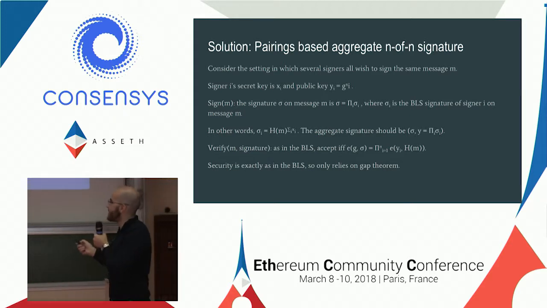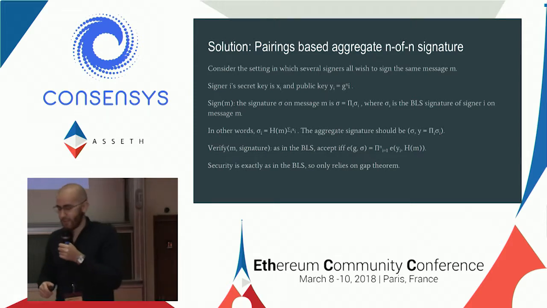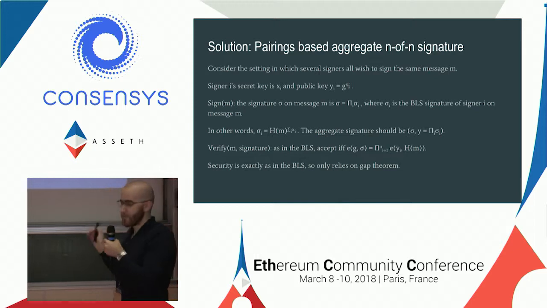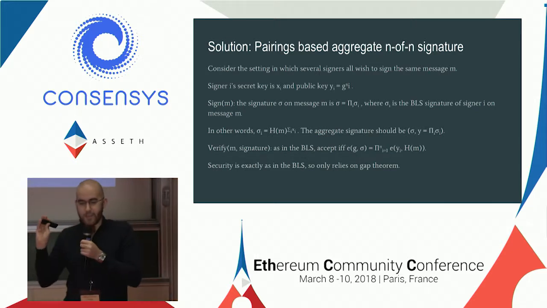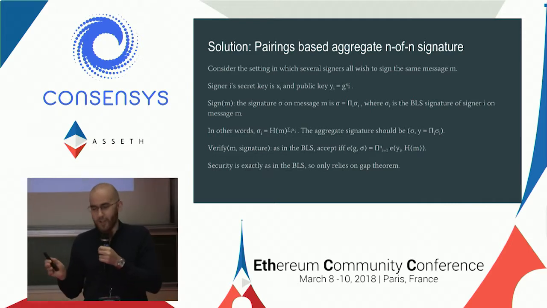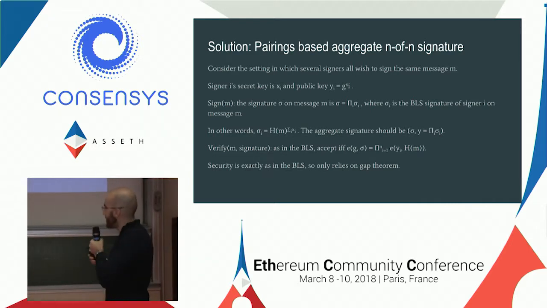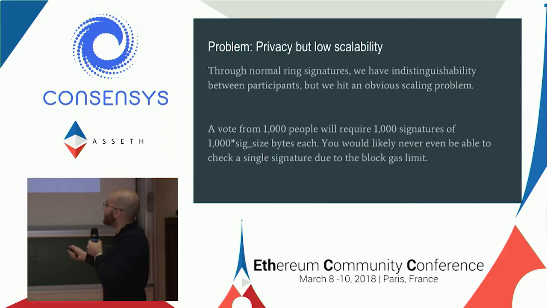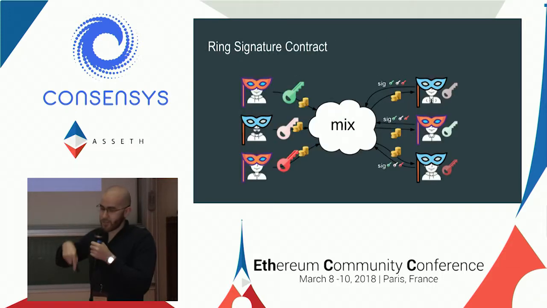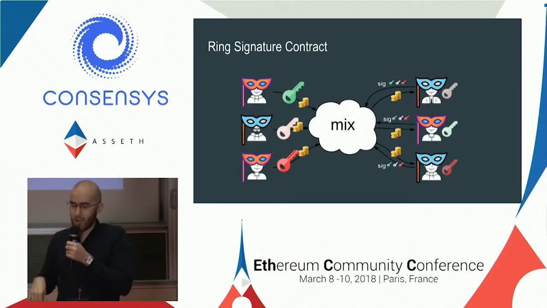So what we can do instead, if we wanted to have the best of both worlds, the nice indistinguishability from the normal elliptic curve and the scalability to be able to do the check on chain without spending $1 million, is do this process first off chain and get the result.